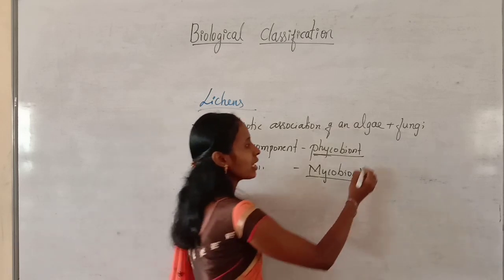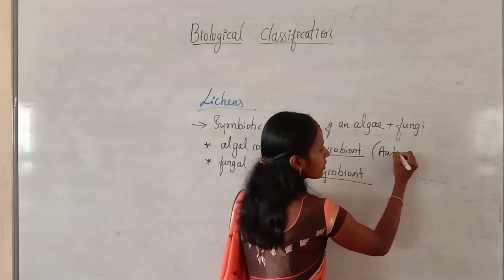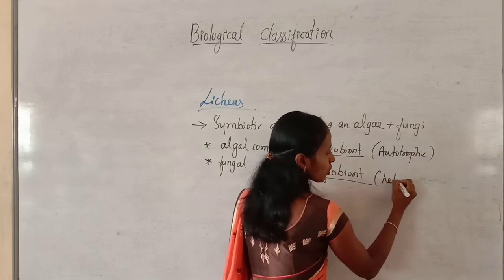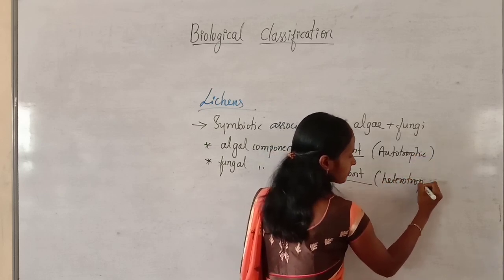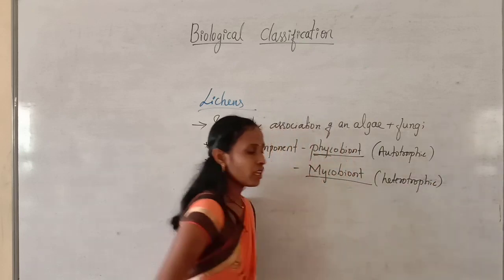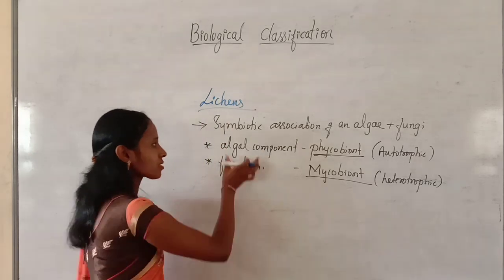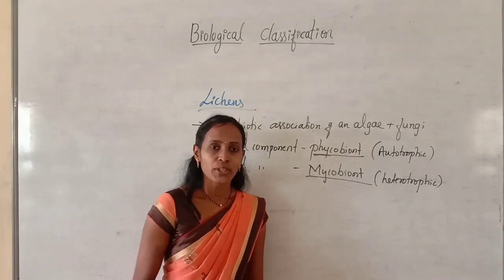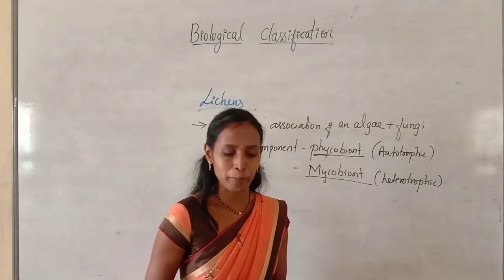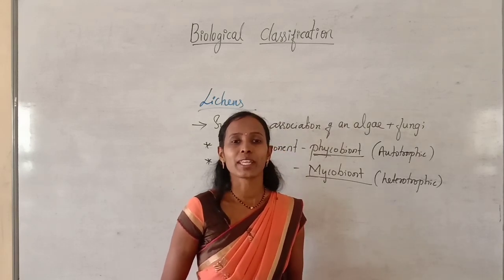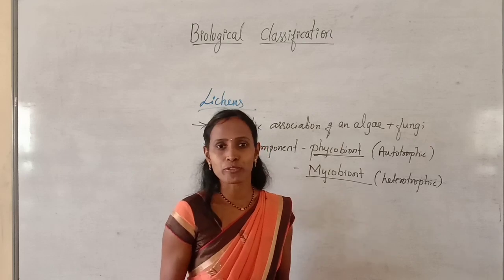And one more thing, this is autotrophic and this one is heterotrophic. Why is it autotrophic, why is it heterotrophic? Because this algae belongs to kingdom Plantae, and you know that all plants are autotrophic. They are able to synthesize their own food.